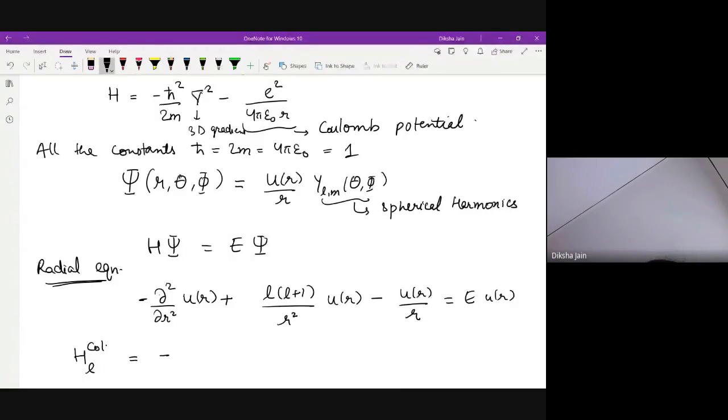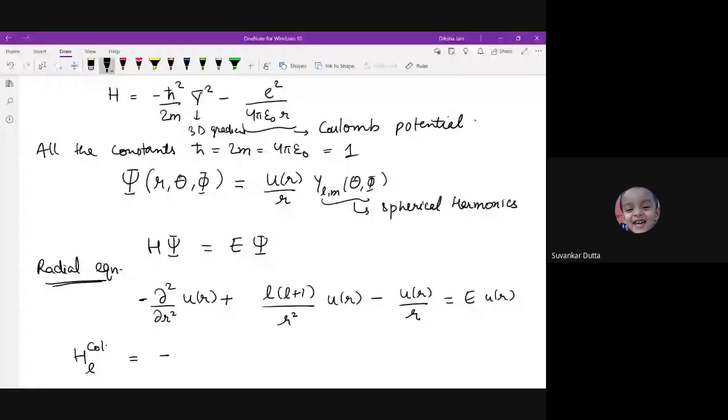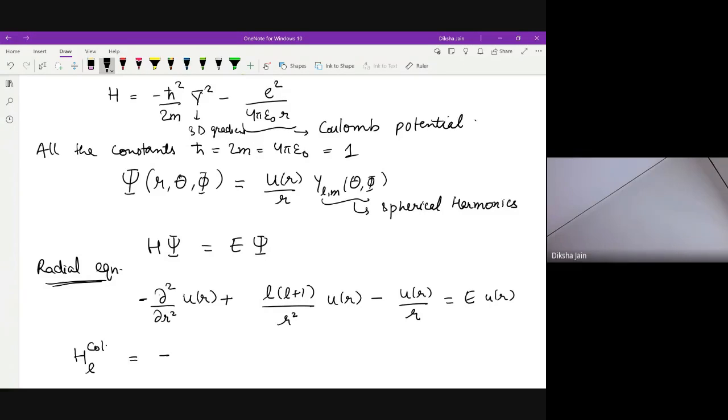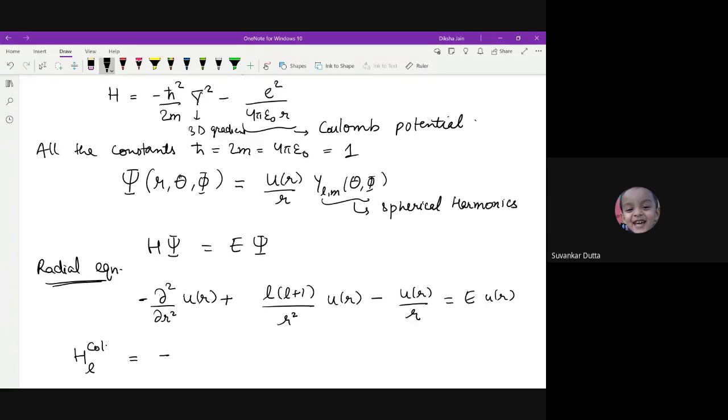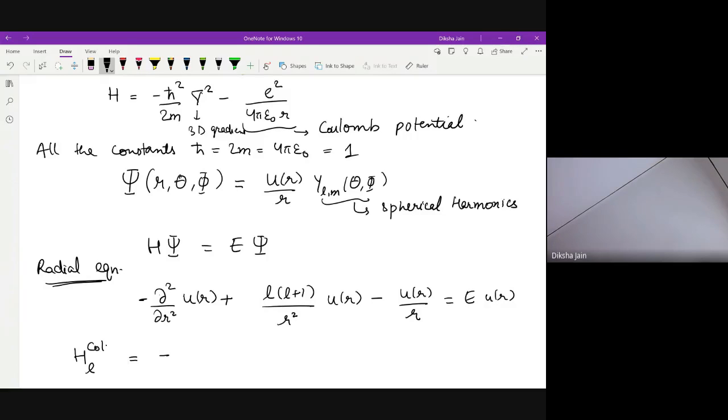I thought this is just the radial equation, no? And M is there? Oh, wait, no. Maybe I'm missing something. No, M doesn't appear in the radial. It just appears in the Y_LMs. L into L plus 1, right. Yeah, L equals to 0 is the S wave part. This is the angular momentum part, yes.